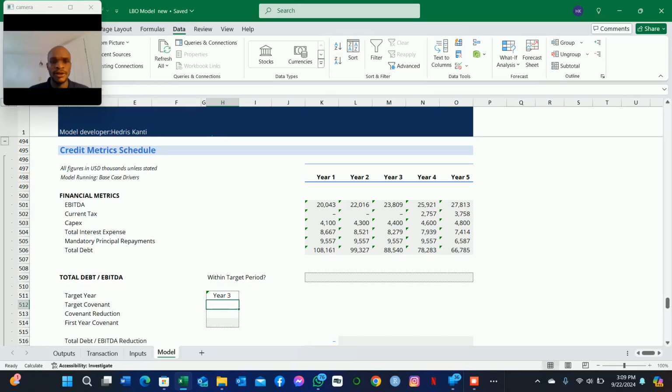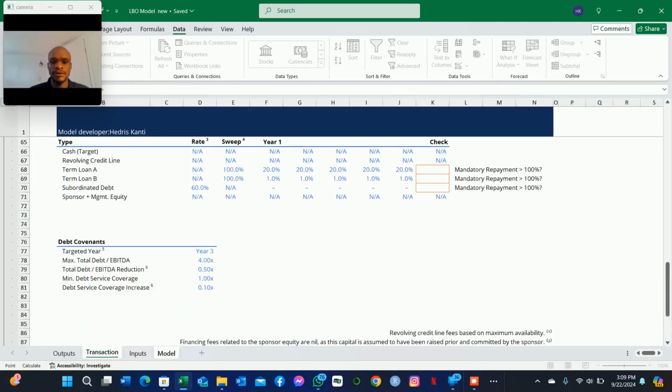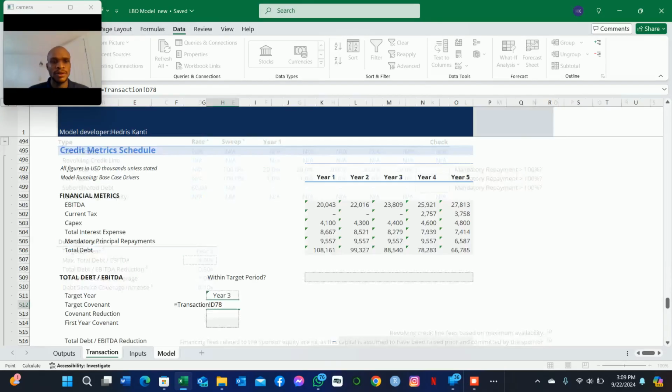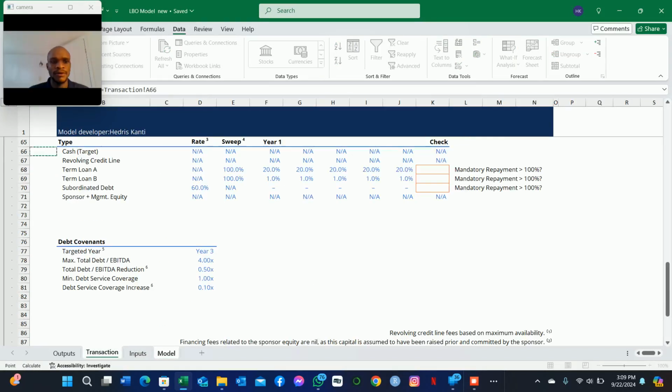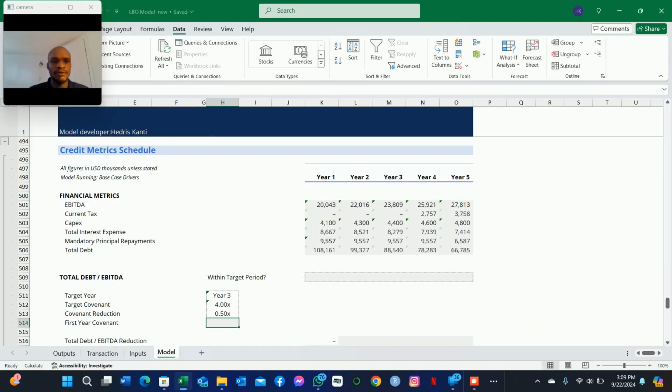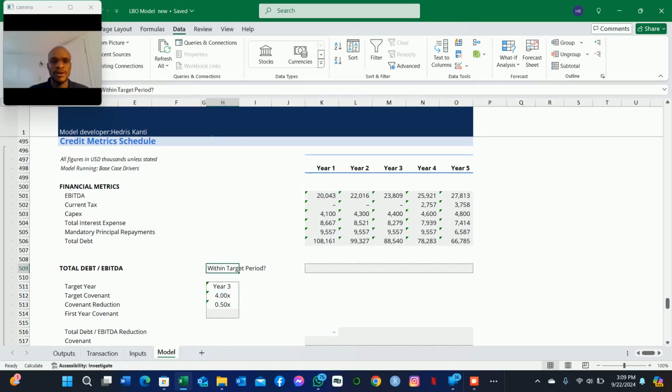And also the target covenant is 4 times in this case. And then we have the covenant reduction. We also have to reference that, which in this case, the covenant reduction for the total debt to EBITDA is 0.5 times.